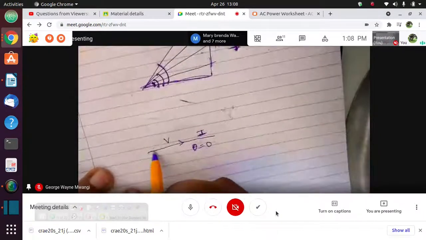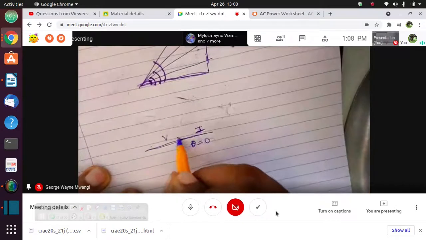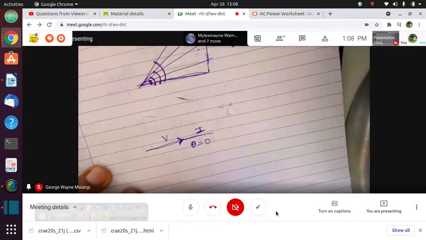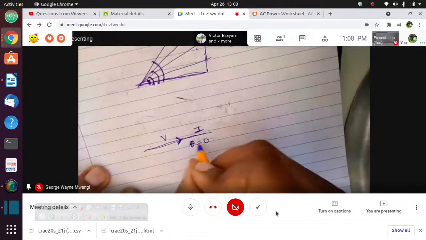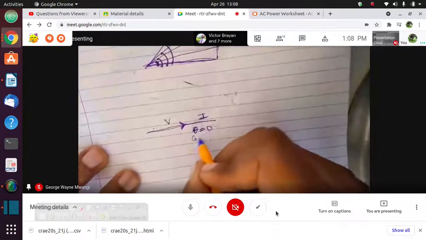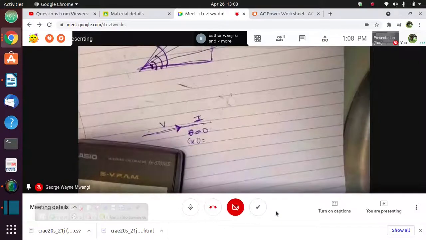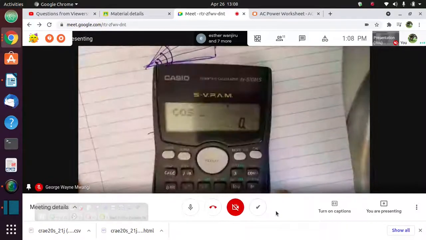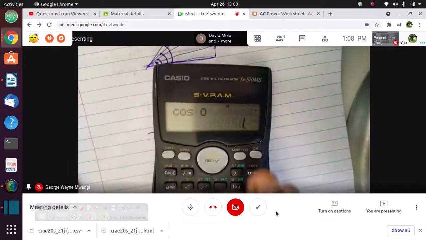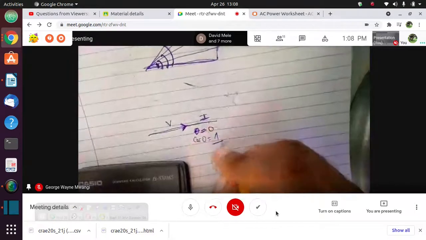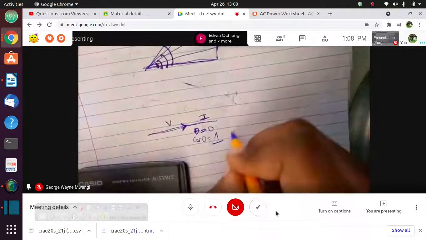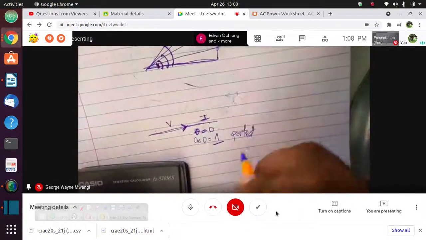At a perfect power factor, the voltage and the current are in phase. So the angle in this case is 0. So if we take the cosine of 0, it will be how much? If you take the cos of 0, you'll find that our power factor is 1. Are we together? So that is a perfect power factor.